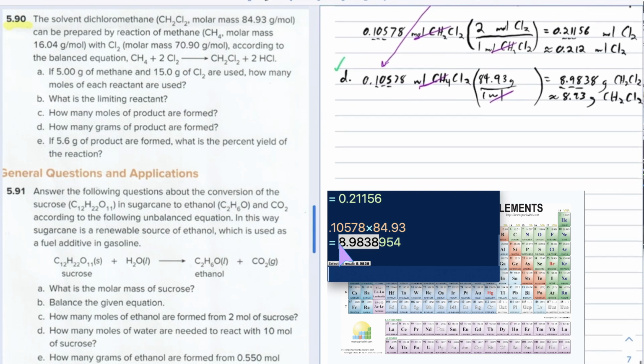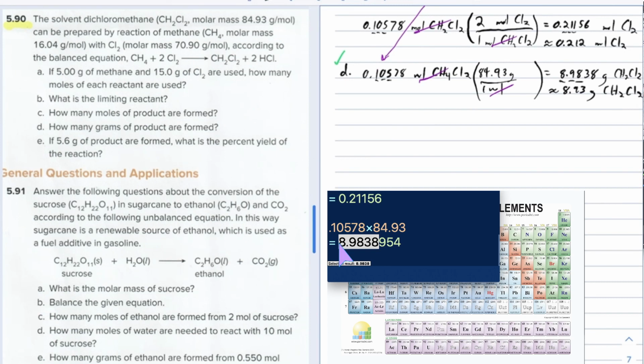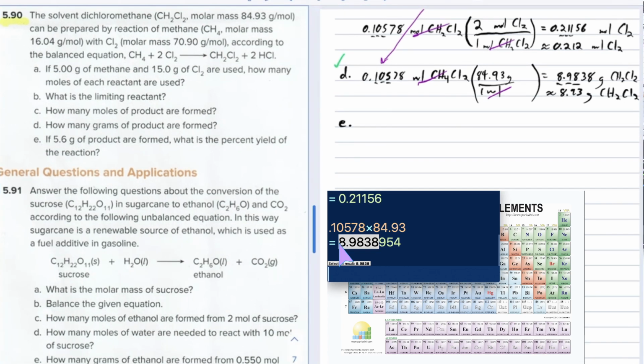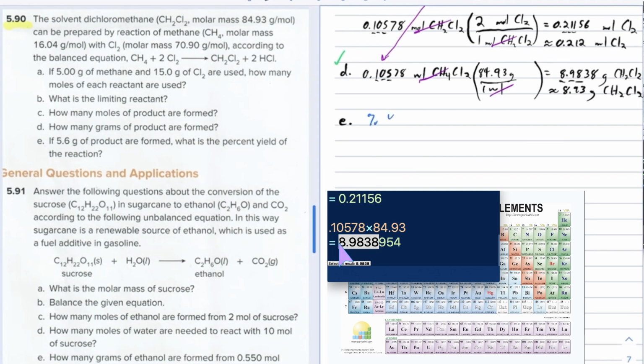And then finally, one more. E. Okay, if 5.6 grams of product are formed, what is the percent yield of this reaction? So remember, a percent yield is going to be actual over theoretical times 100%.